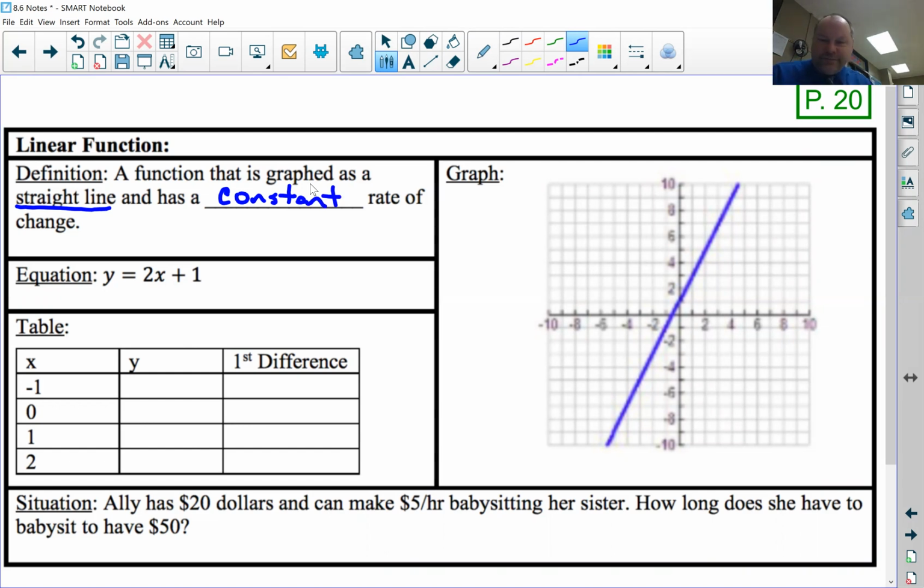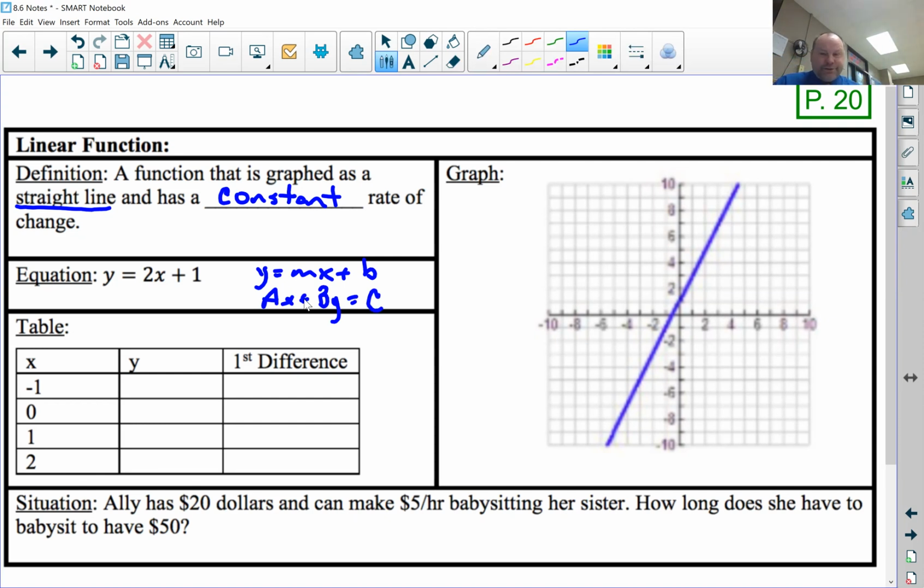You see a graph. That is the graph of the equation y equals 2x plus 1. So linear functions, generally there are two common ways they are written. Everyone's favorite, y equals mx plus b, or sometimes it's written as ax plus by equals c.